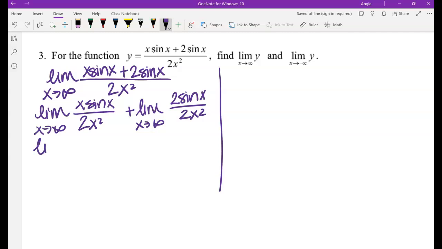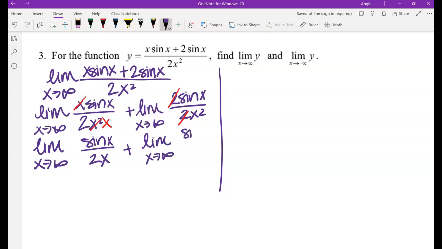Let's see if we can reduce. So limit as x approaches infinity. Okay, let's see. That x and one of those, I have that left. So we have sine of x all over 2x. So that's what we got over here. The 2 can go. So that's going to allow us to say limit as x approaches infinity of sine x over x squared.